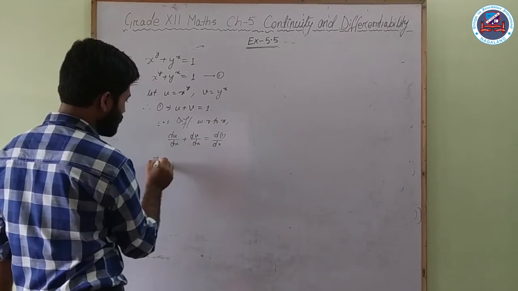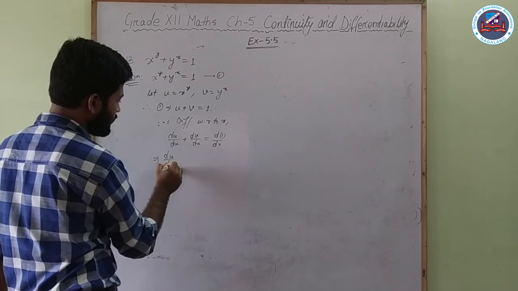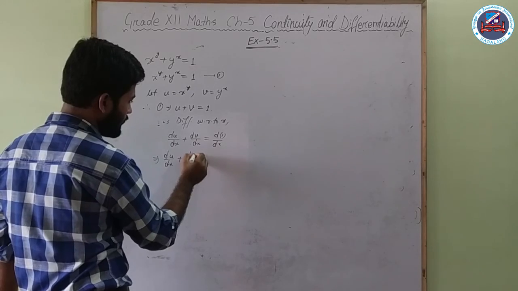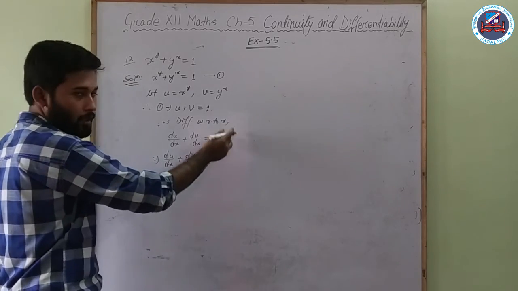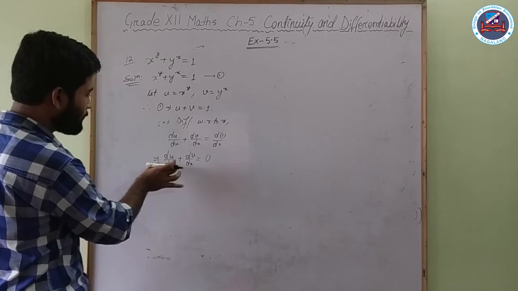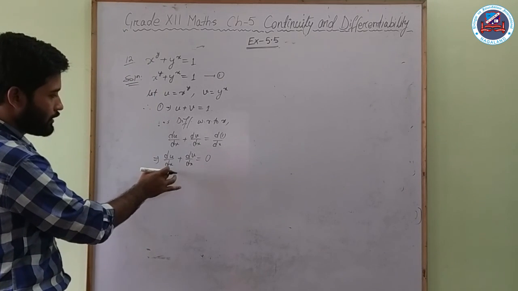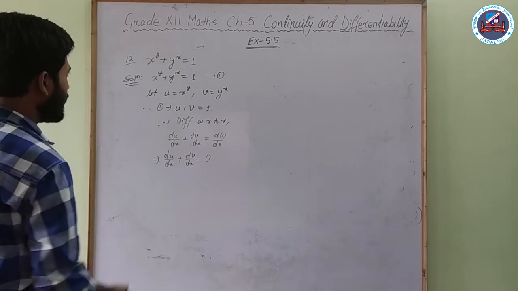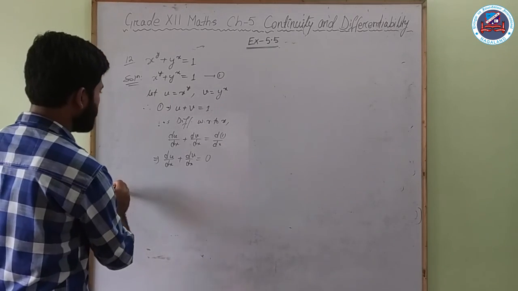And what is this? This will imply ddx of u plus ddx of v will be equal to ddx of 1, and 1 is a constant, so I can write as 0 here. Now if I am able to find the ddx of u and ddx of v, so we are done. We can add them and get the desired answer.